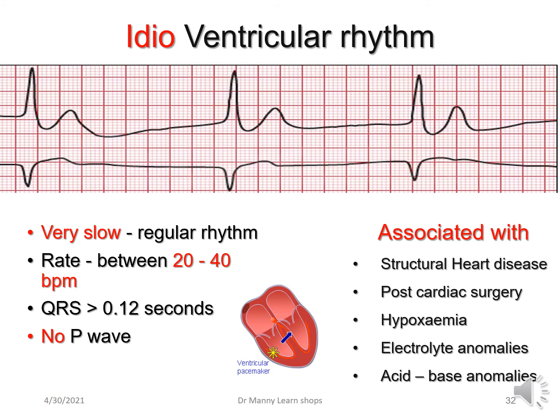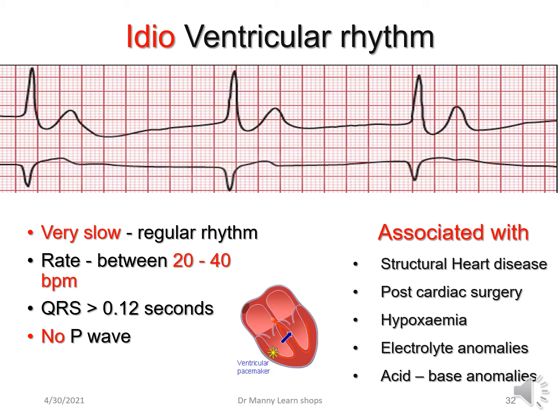When we look at idioventricular rhythm, this is a bradycardia. It's a very slow regular rhythm at a rate between 20 and 40 beats per minute. As we said, this could occur if the SA node fails and the AV node fails as well, which means you've got some really pathological situation occurring in your heart's conduction system.